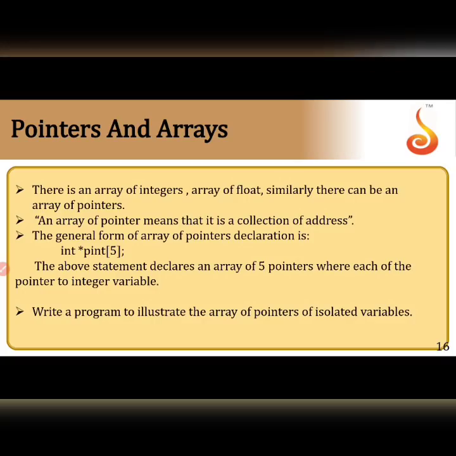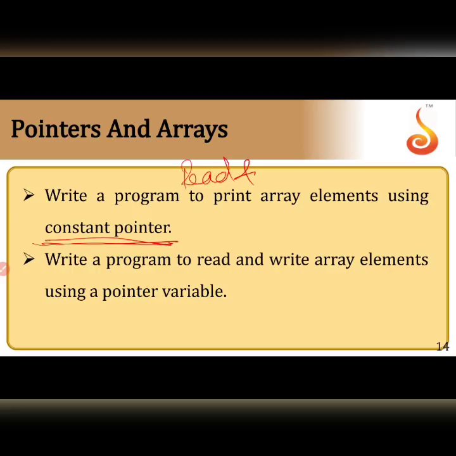Now we'll start with the program. Before that, let me say what my program is. Write a program to read and print array elements using a constant pointer. So please make a note of this.